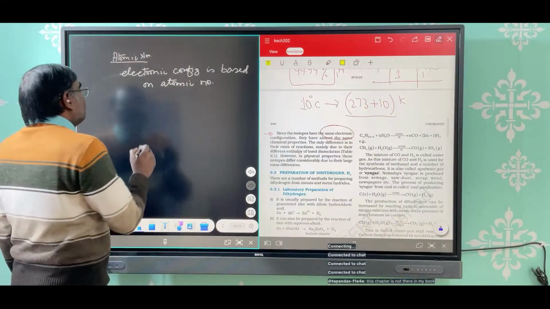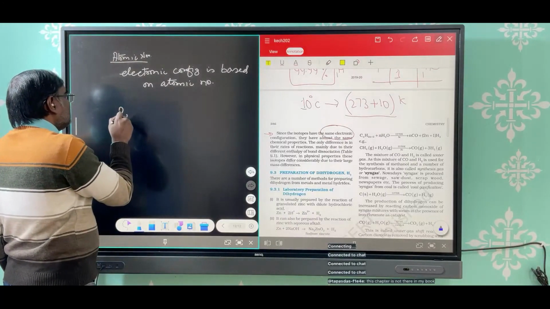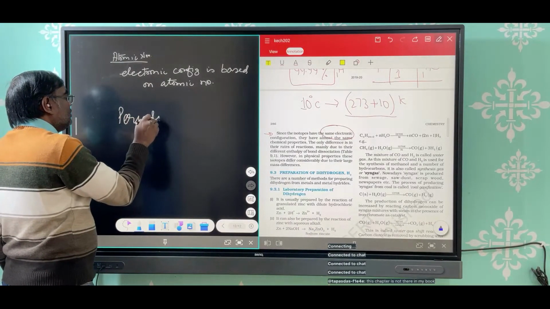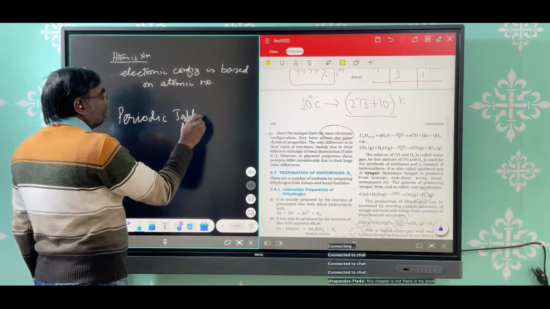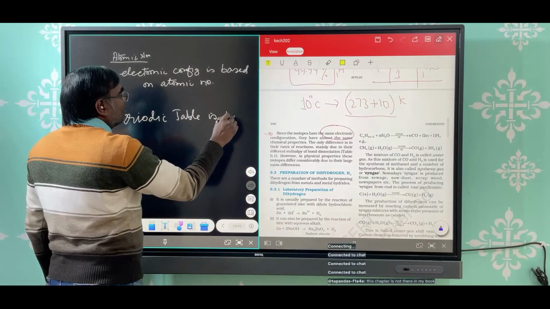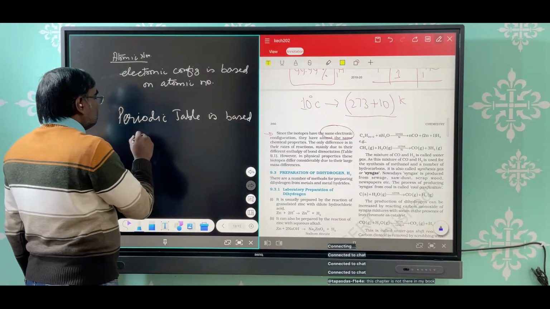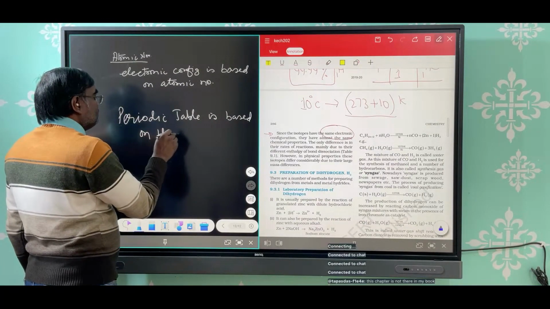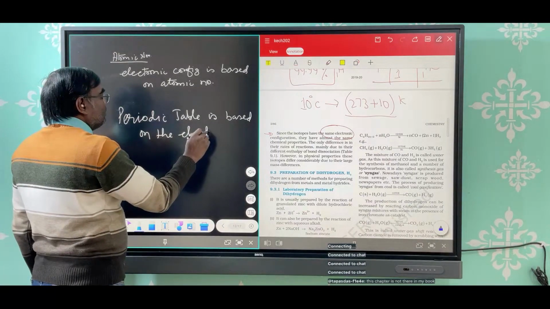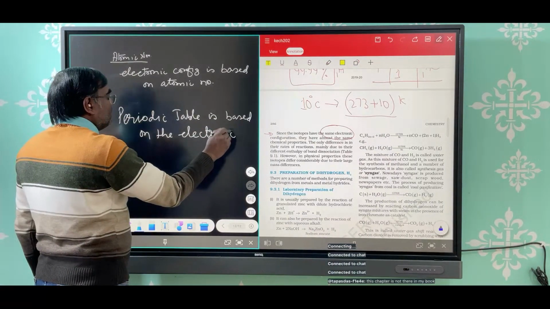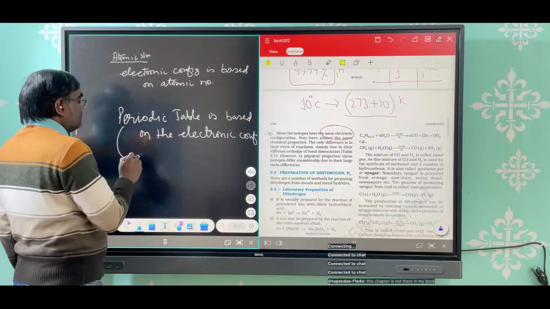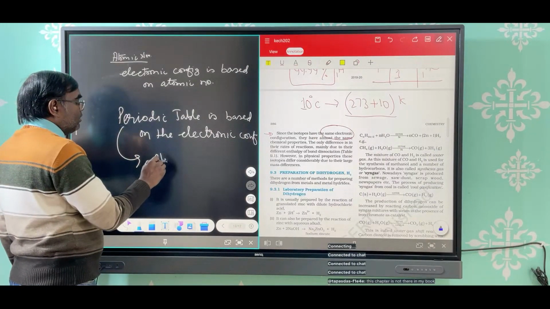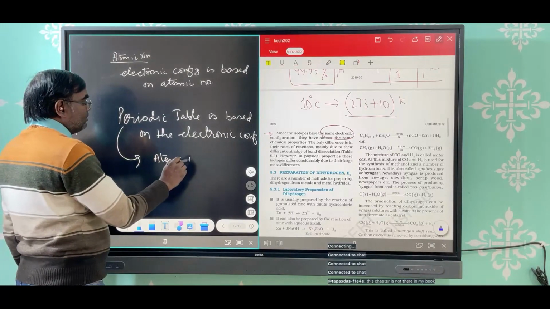And our periodic table is based on the electronic configuration. So ultimately, our periodic table is based on the atomic number. Got it?